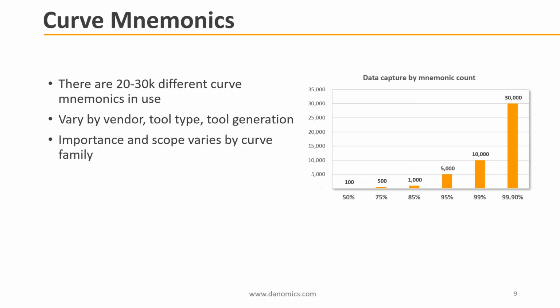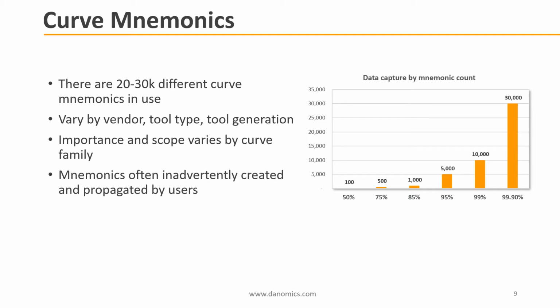I will say that the importance and the scope of these varies quite a bit by curve family. There are certain tools like resistivity tools where you'll see a lot more variation in the curve mnemonics, especially relative to some mnemonics, like let's say an SP curve. So a lot of potential for variation there.